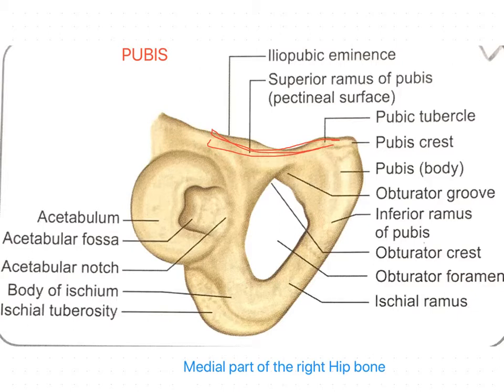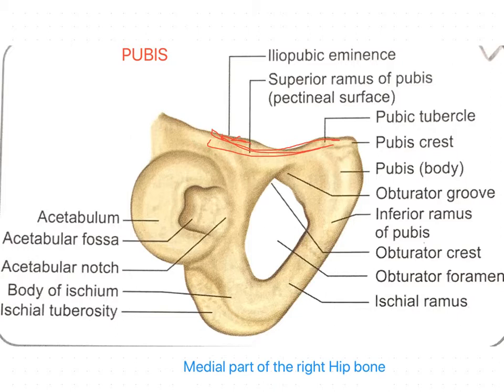It has 3 borders and 3 surfaces. The superior border is called the pectineal line or pecten pubis, the sharpest crest, extending from just behind the pubic tubercle to the posterior part of the iliopubic eminence.